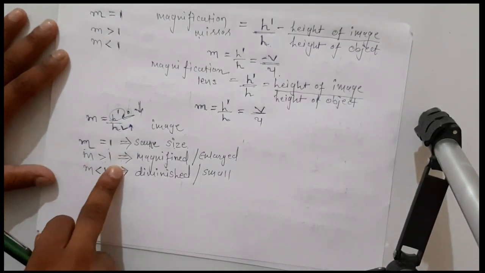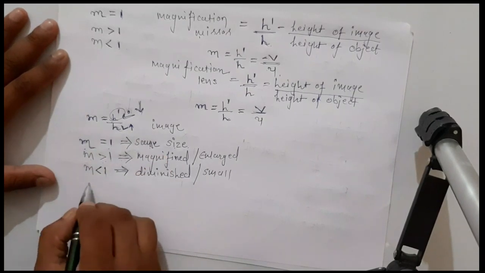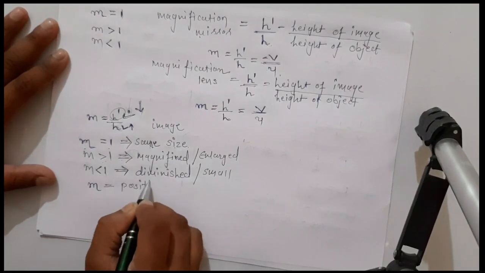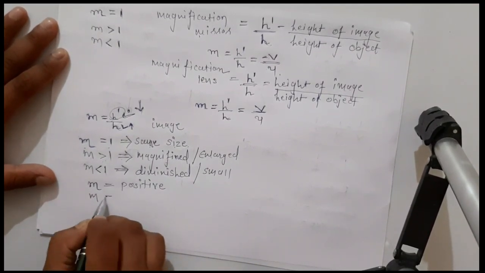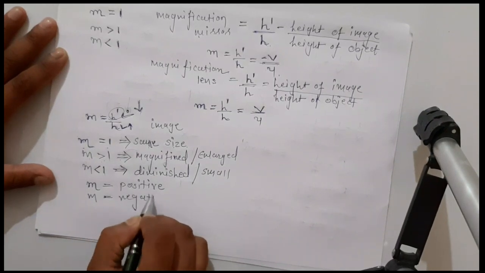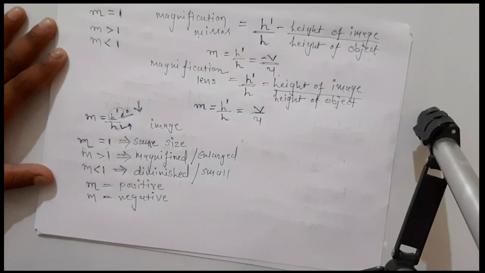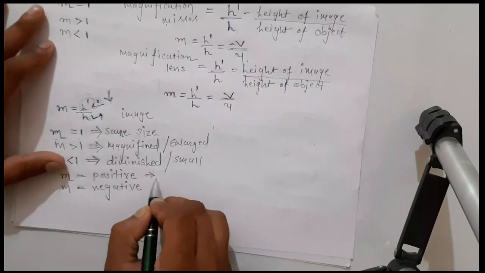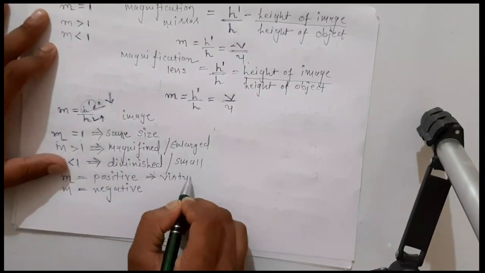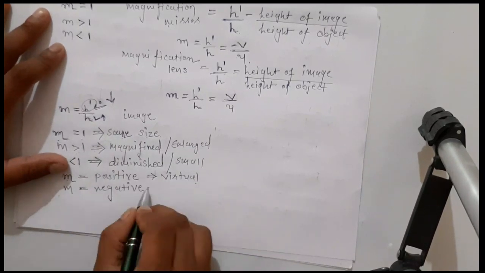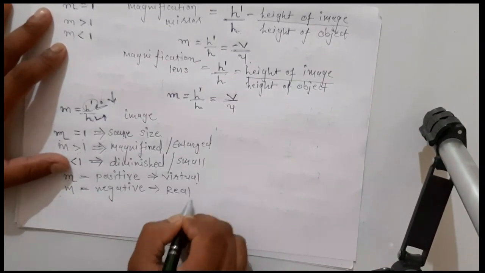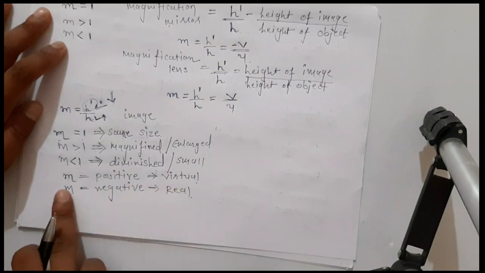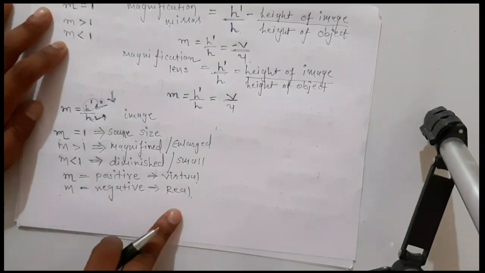Also, sometimes m is positive and sometimes m is negative. Keep this in mind: when the value of m is positive, our image will be virtual, and when the magnification is negative, our image will be real.